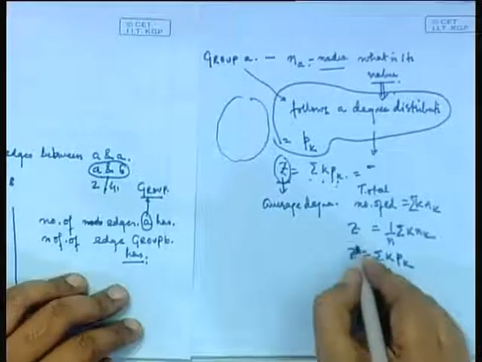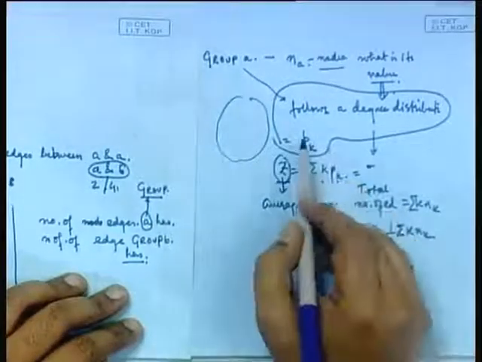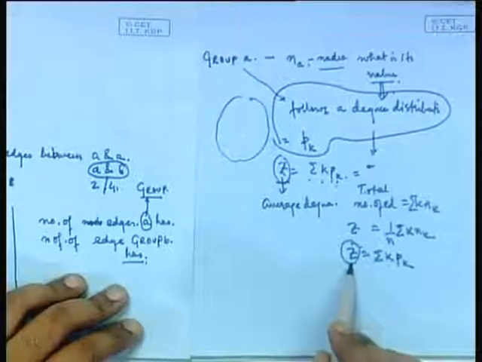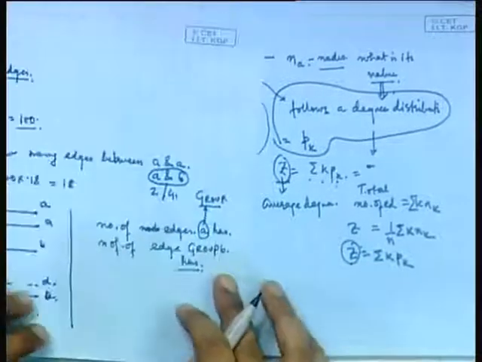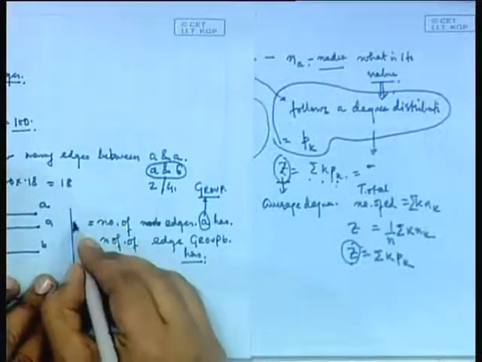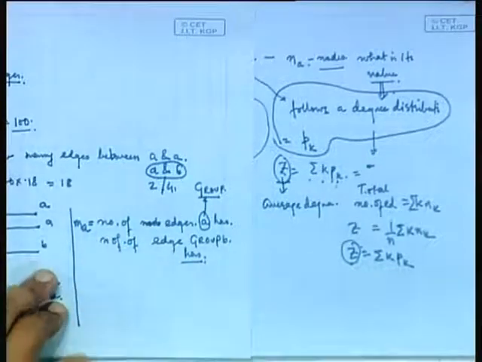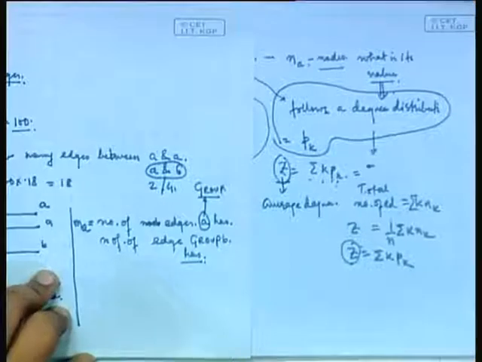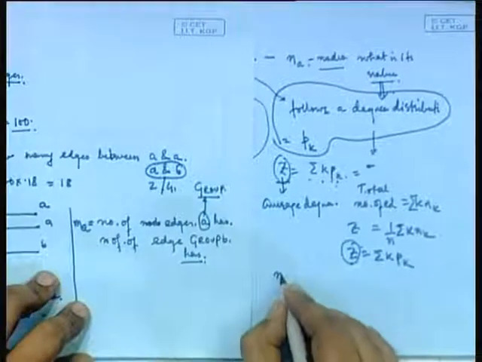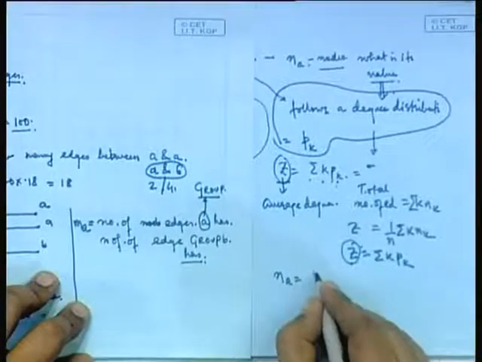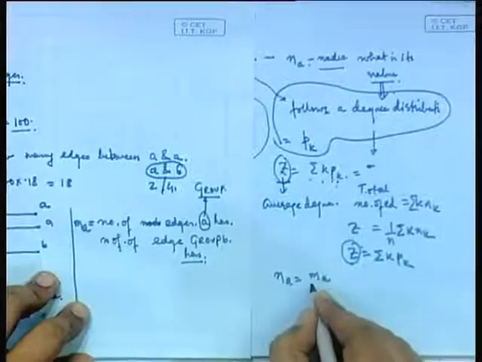Okay. So, if you are given p k and then you find z, and from the E matrix you know M A. So, now N A is equal to M A by z.